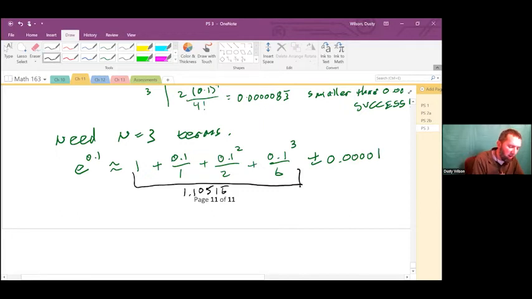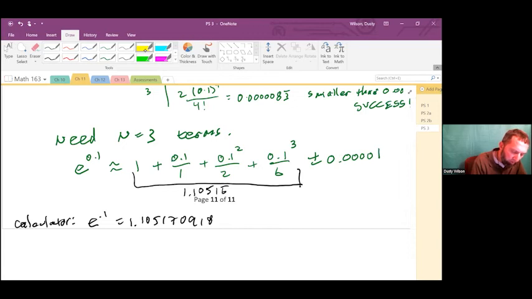And if I try e to the 0.1 on my calculator, I get 1.105170918.